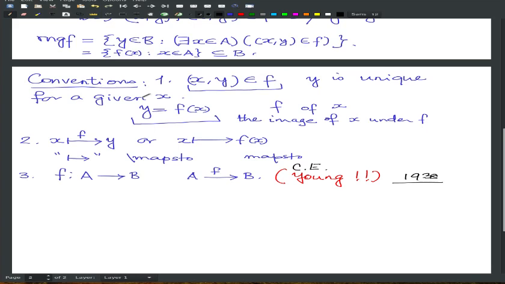So now we have come up with the notion of a function. Let's see some examples.